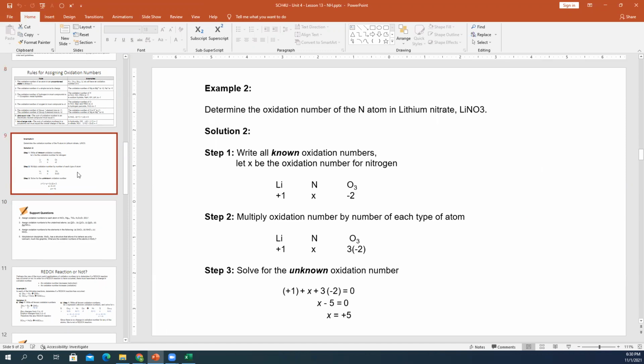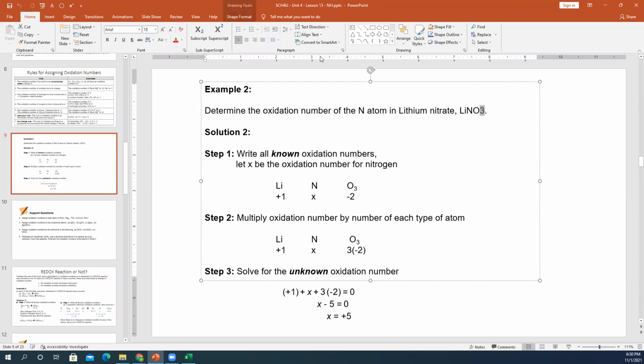Here, we're determining the oxidation number of the nitrogen in the molecule lithium nitrate. So the first step is that we write down all of our known oxidation numbers. So we have lithium, we have nitrogen, and then we have oxygen, 3 of them.